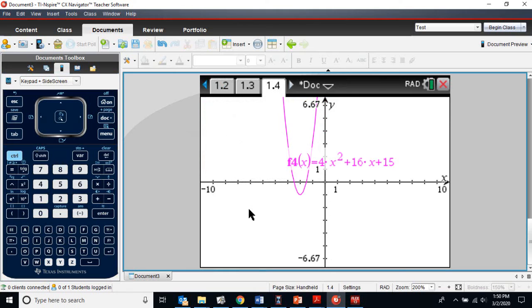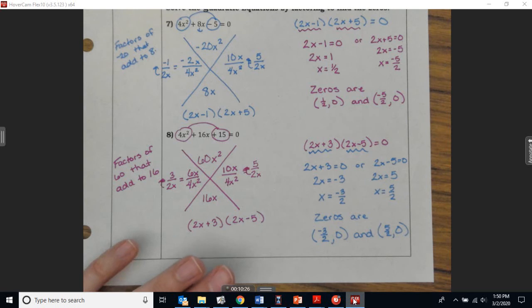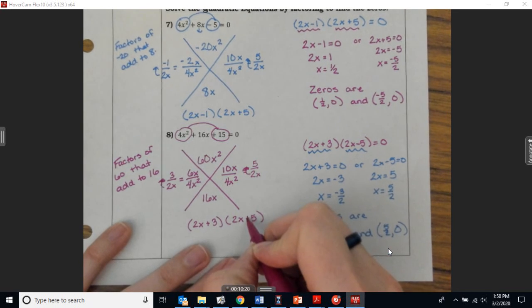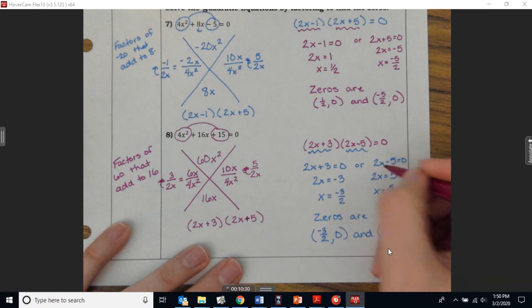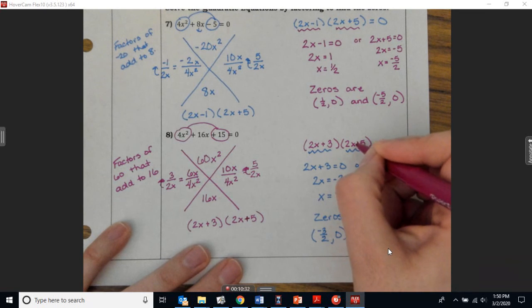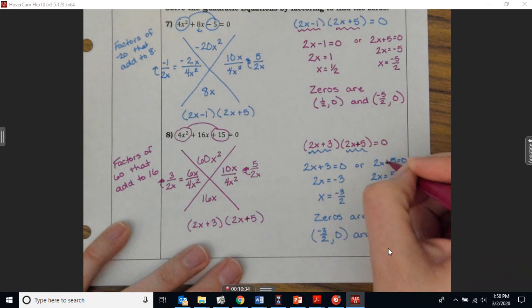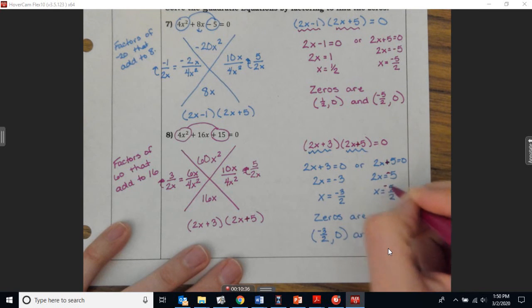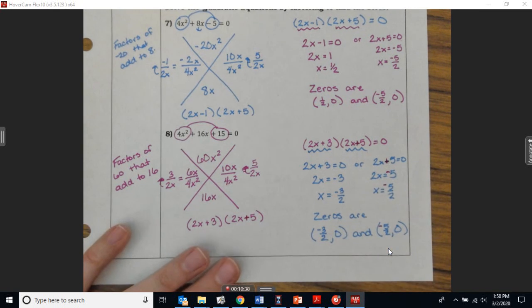And I know that my zeros are negative 3 over 2. Oh, sorry. I just noticed that I put a minus here and I should not have. So this should be plus, which means this should be plus, and this should be plus, that should be minus. Okay?